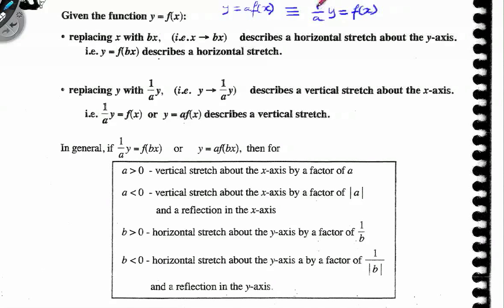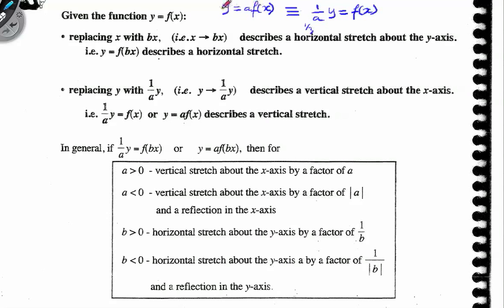This would be, if a was, say, 3, so you'd have 1/3 here, this would be an expansion by 3. So if you have a 3 here, it's an expansion by 3.